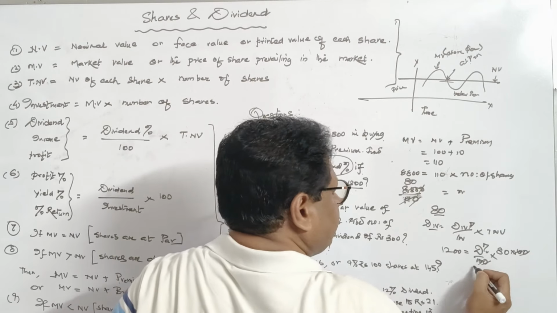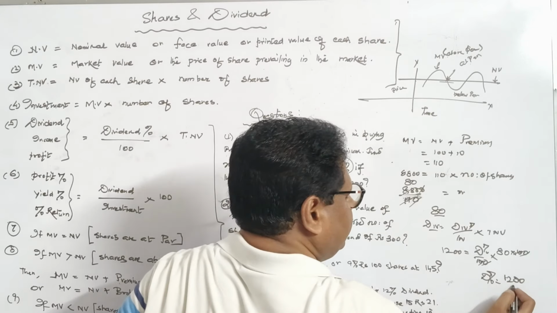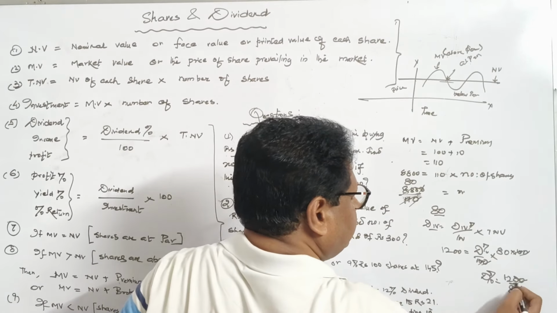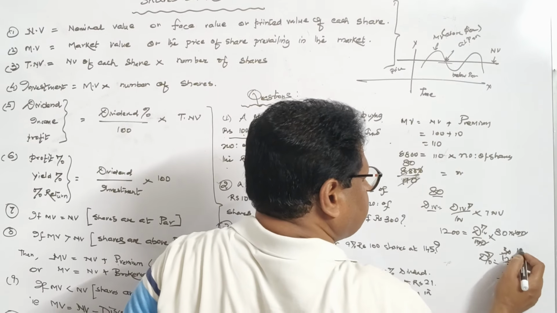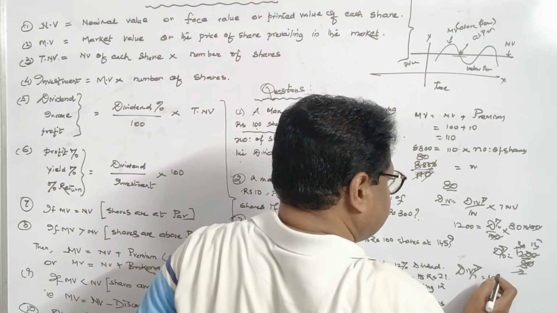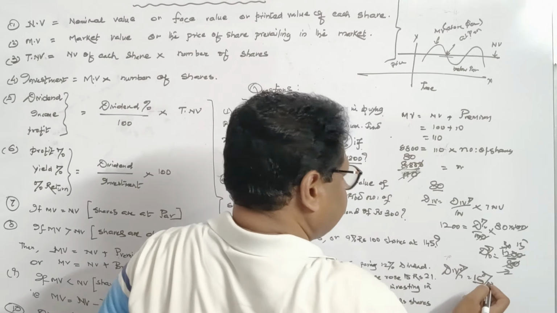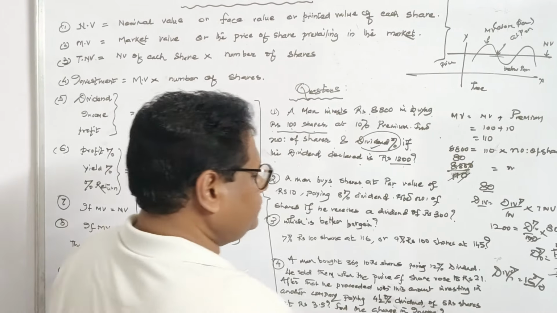These two get cancelled, so dividend percent equals 1200 by 80. This cancels, so we have 4 2s, 4 3s, so it is 15%. So we got dividend percent, and that is 15%, right? So this is how you have to handle the questions, right?